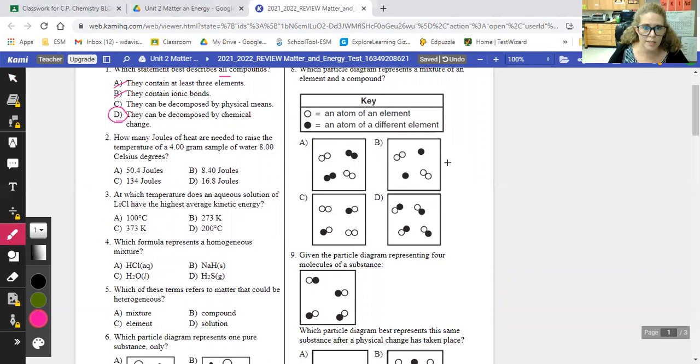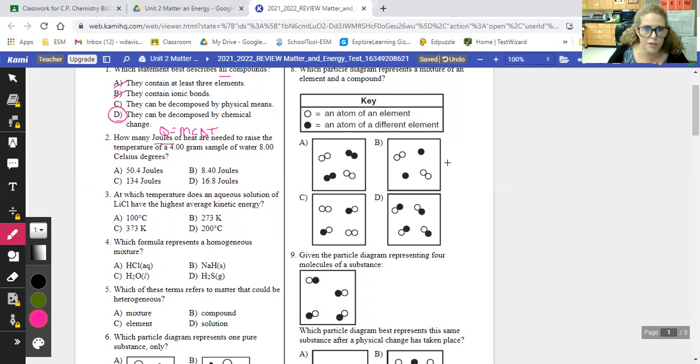All right, so question 2 says, how many joules of heat? Who wears the joules? The queen wears the joules. So that's telling me I need to use the Q calculation, Q equals mc change in temperature.